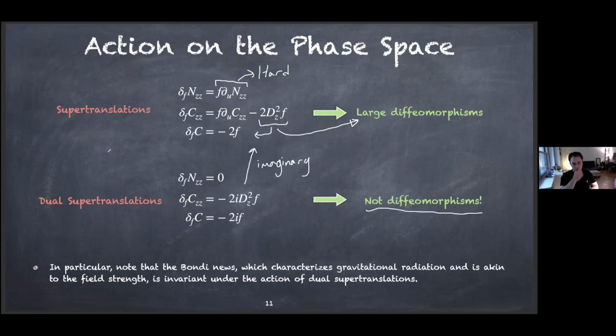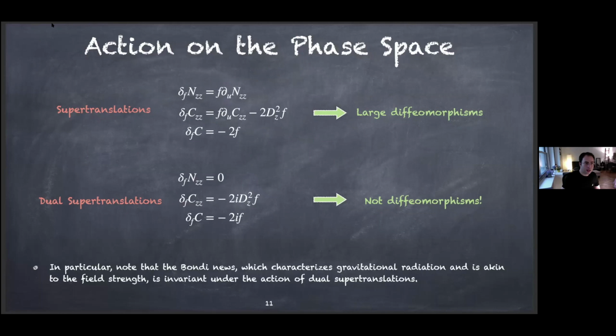And since the Bondi news is considered the physical characterization of gravitational radiation, the fact that it's invariant means that we have here something different, not a diffeomorphism. And I would like to suggest that it describes some kind of redundancy. And I will present now further evidence that it describes some type of redundancy.